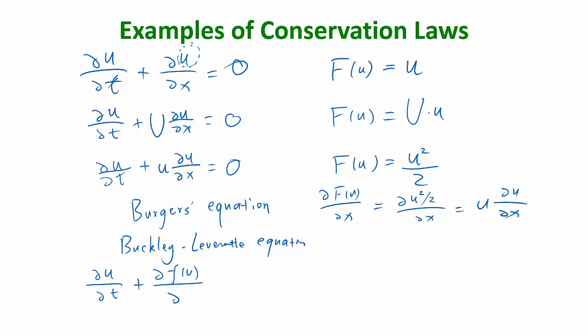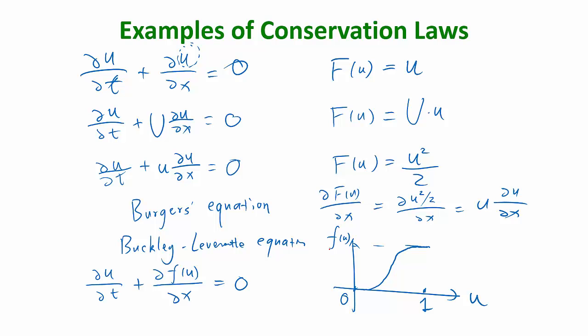I've seen several forms of the Buckley-Leverett equation, but a general thing about it is that the u has to lie between 0 and 1, and f depends on u in a very interesting way, like that. So it's almost like a bimodal function, or something like a logistic function.